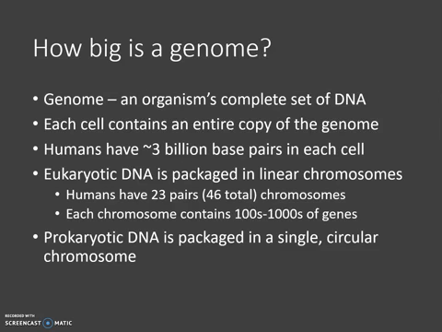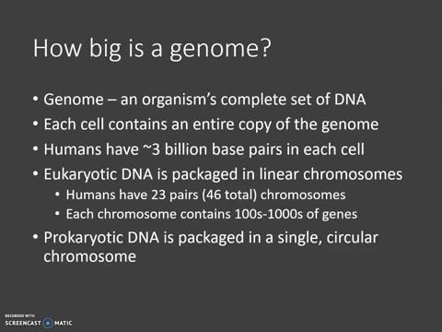And each cell contains an entire copy of the genome with some exceptions, but most cells in your body have the entire set of chromosomes that you have in all your other cells. Humans have about 3 billion base pairs in each cell. That's a lot. So it's pretty impressive how many bases we have that make up our genome. That's a lot of information to code for you.